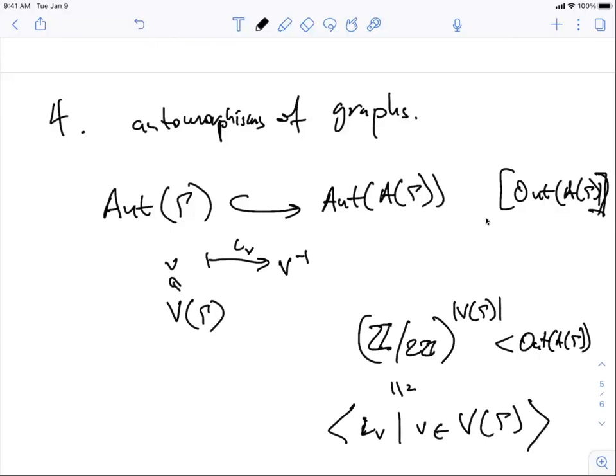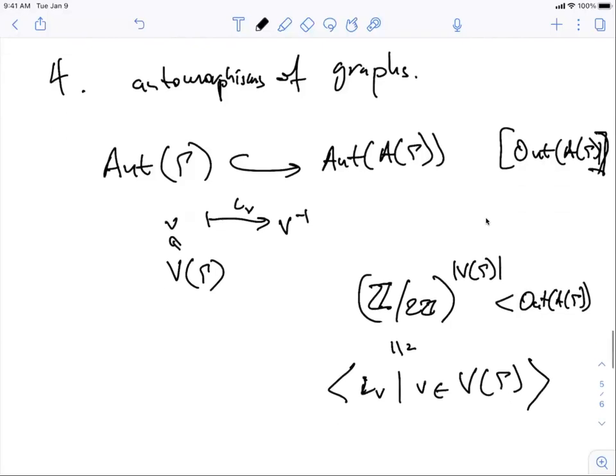And now the automorphisms of gamma and the inversions of vertices together generate a finite subgroup of Out of A of gamma as follows.